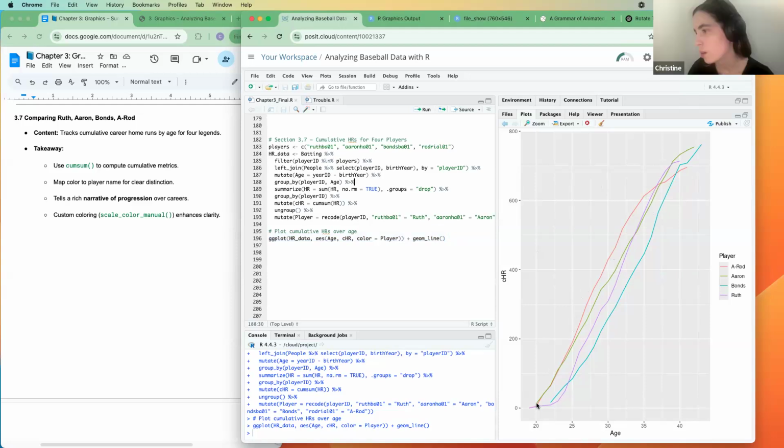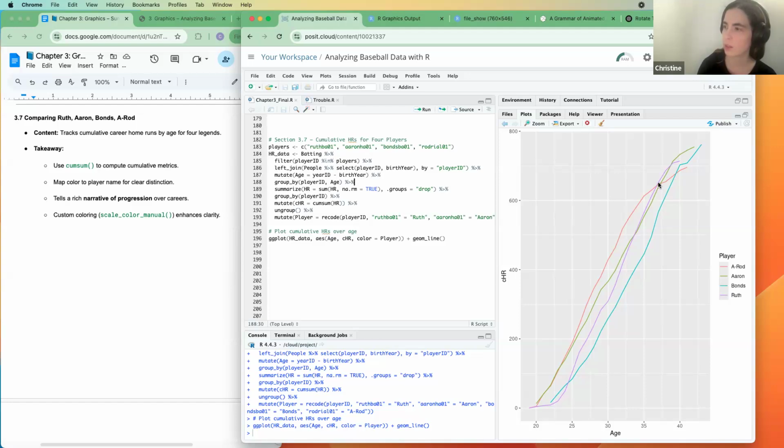I think one of them had a relatively late start in their mid-20s. This one's right out of high school. You can look at the slope to infer when things started to slow down for them, but it's kind of hard to read.